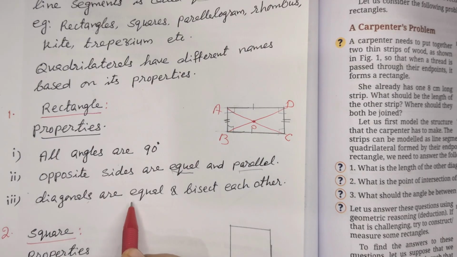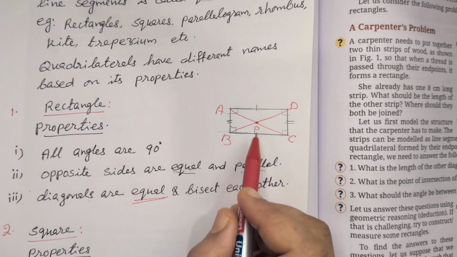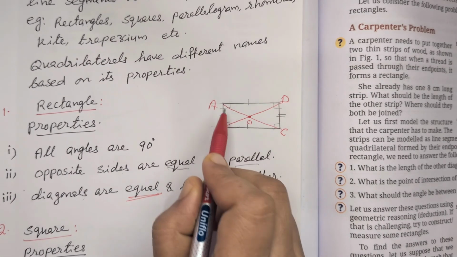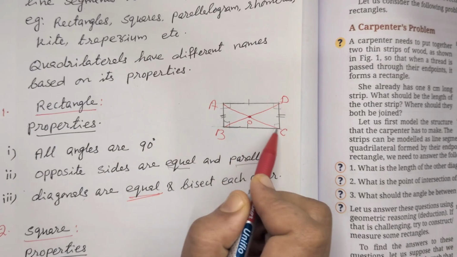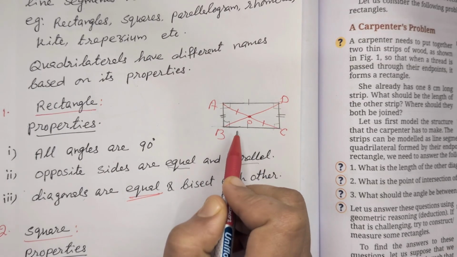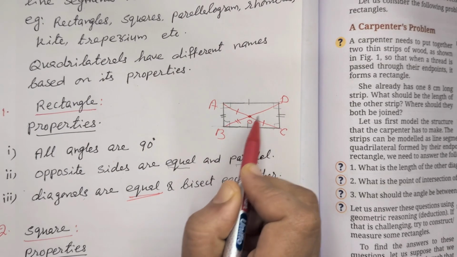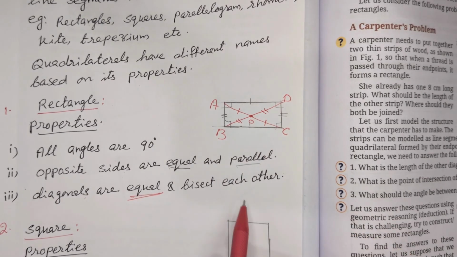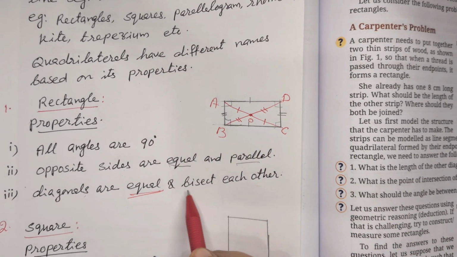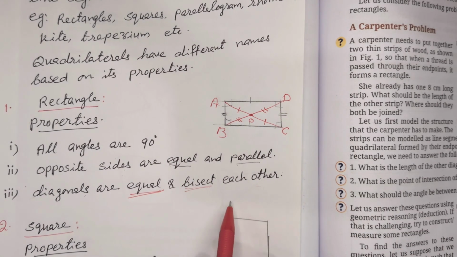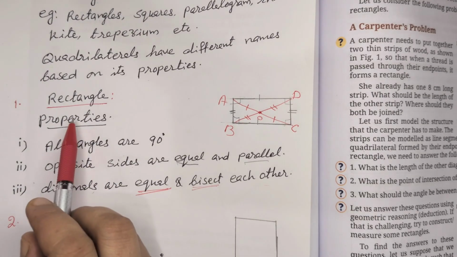That means diagonals are equal. And they bisect. Bisect means AO is equal to OC. These two lengths are the same. BO is equal to DO. So they bisect each other. Bisect means equally dividing. So these are the properties of a rectangle.